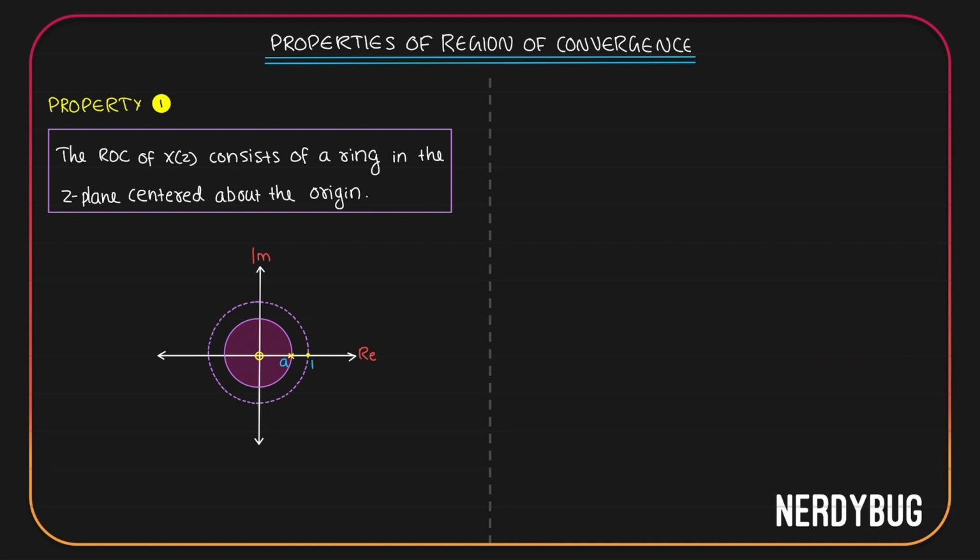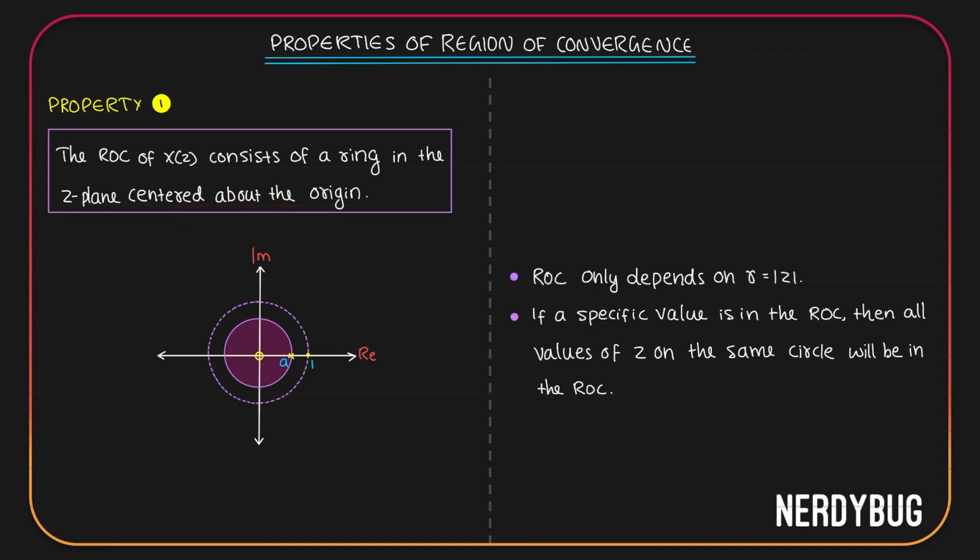The first one is that the ROC of X(z) consists of a ring in the z-plane that is centered about the origin. This is a pretty obvious property, and the reason for this is that the ROC only depends on r. It doesn't depend on omega, it only depends on r, which is the magnitude of z.